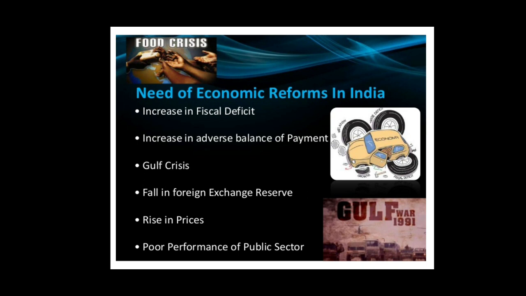This caused a severe depletion of forex, that is the foreign exchange reserves of India. So we can say that this severe crisis in balance of payment compelled the need for the economic reforms.